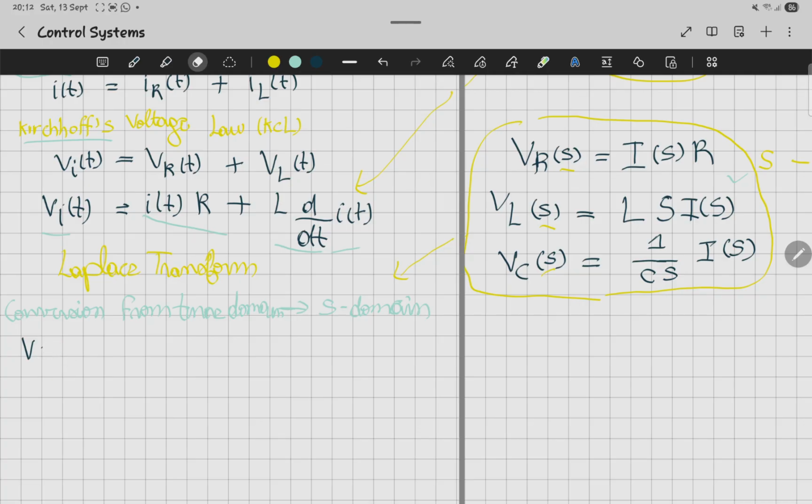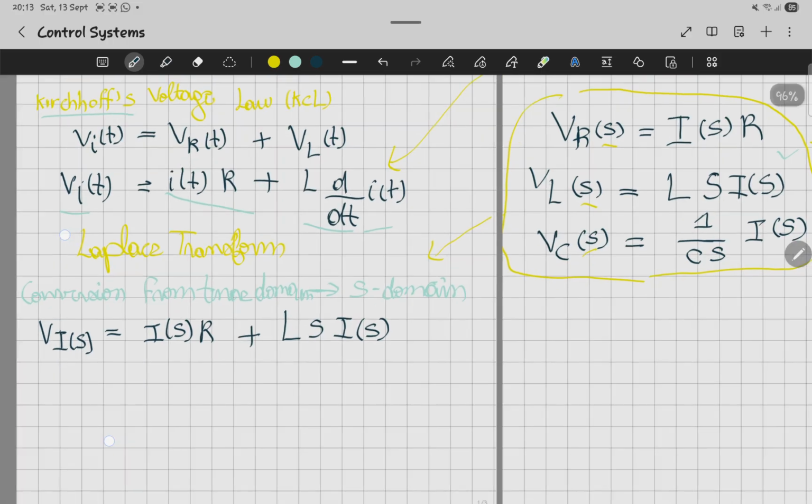Since we're moving from time to S domain, that's why we're making the current capital I, and everything else has to be in capital. So we're going to get something like this: (R plus LS) I(S).